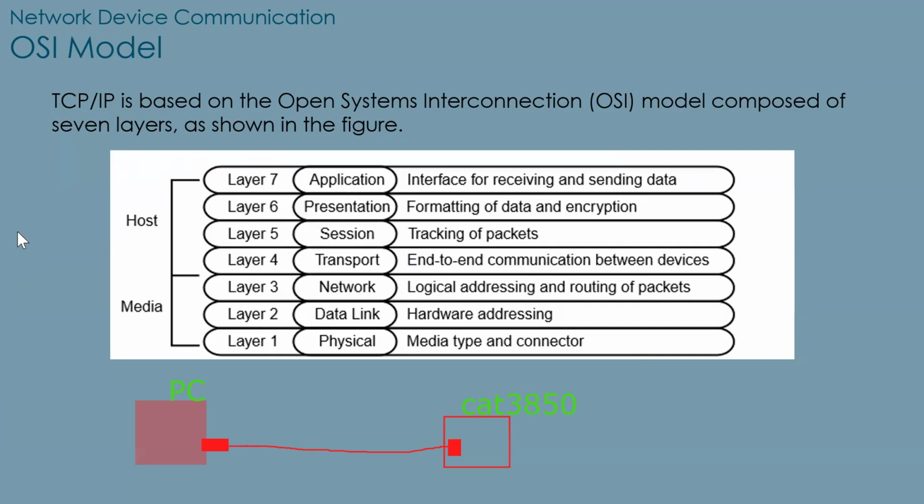This is the OSI layer, but in the TCP/IP layer, you have 4 layers: application, then transport, then internet, data link, and physical.